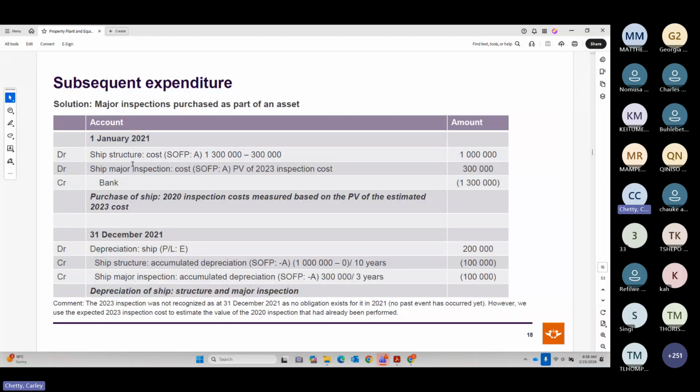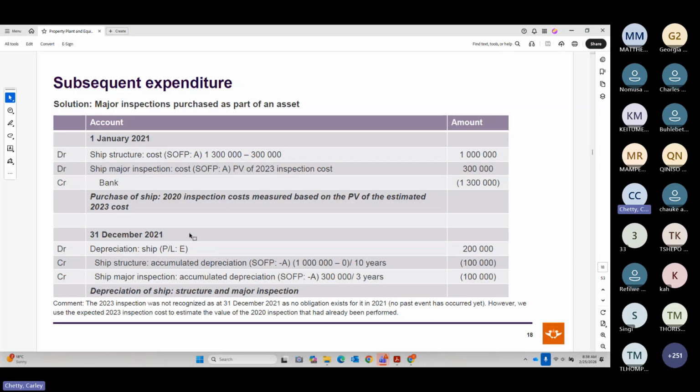So we're debiting ship major inspection cost with 300,000. This is the estimated cost, and we are crediting back. So this is the purchase of the ship. The 2020 inspection cost is measured based on the present value of the estimated 2023 cost.